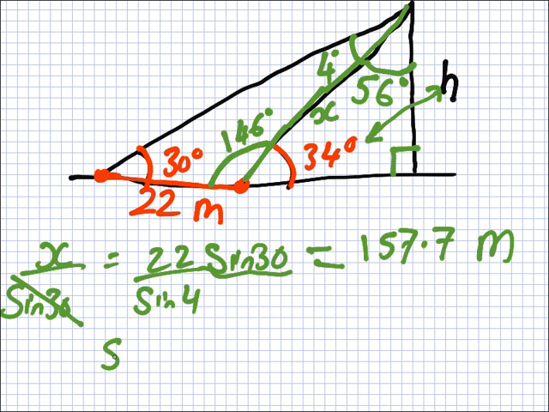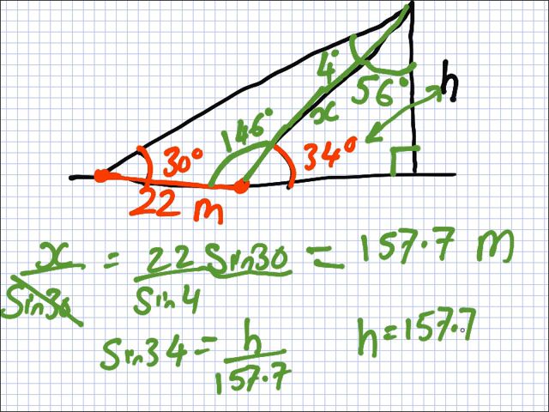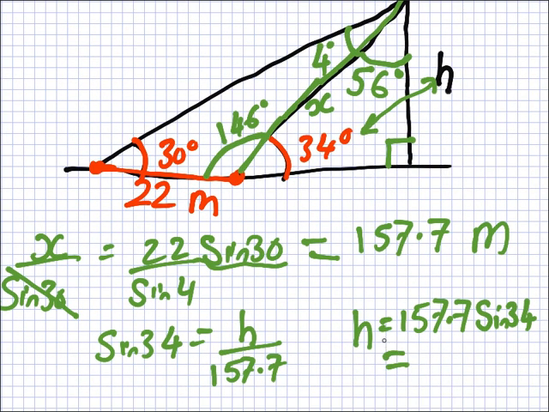Sine. So sine 34 equals H over 157.7, which we just worked out as X. So H will equal 157.7 times sine 34. What do we get as our final answer? 88.2. I'm just using sine equals opposite over hypotenuse.